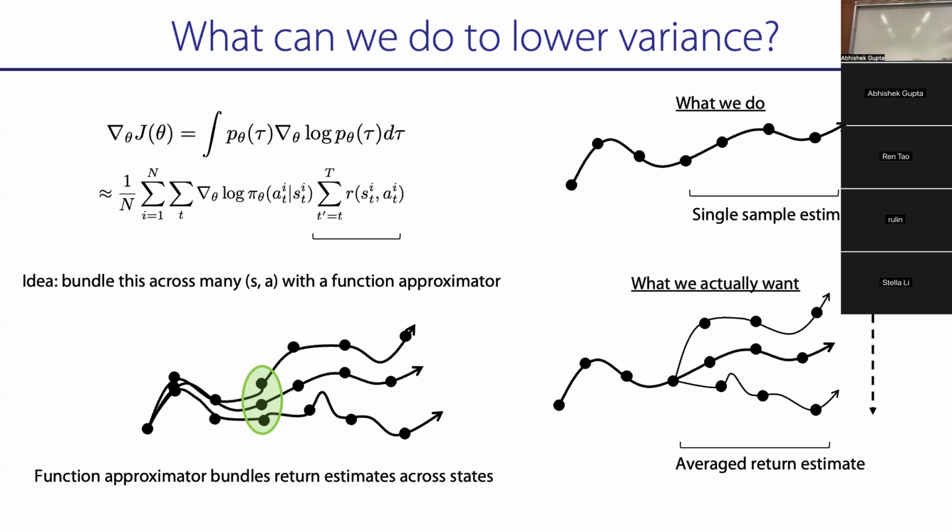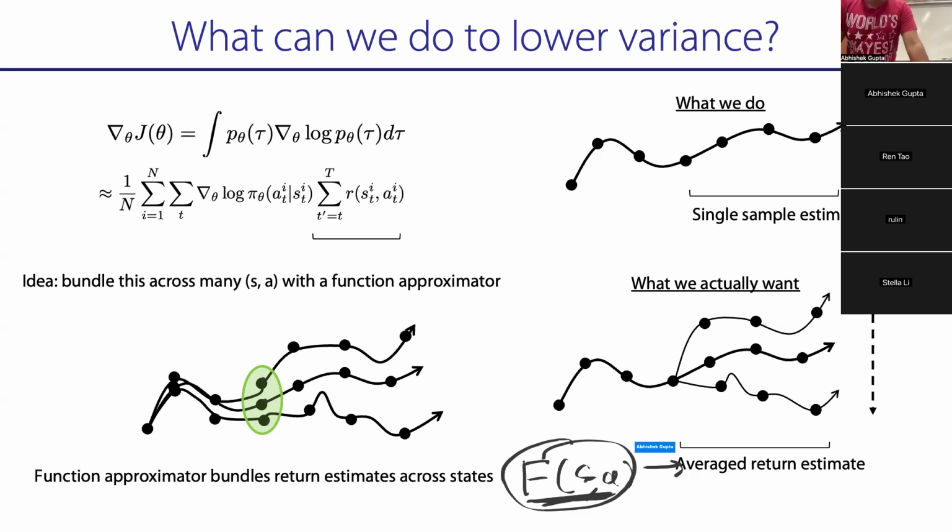Let's say you have a function that takes in a particular state and action and estimates its goodness, right? Because this is a learned thing, it has some generalization, and you can train it across these three things, and the function approximator allows you to share information. So you can train it on this, this, and this, and it has reasonable performance around there.